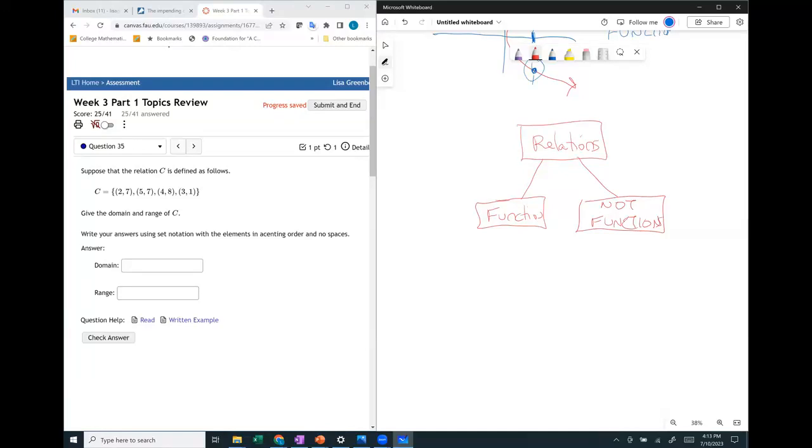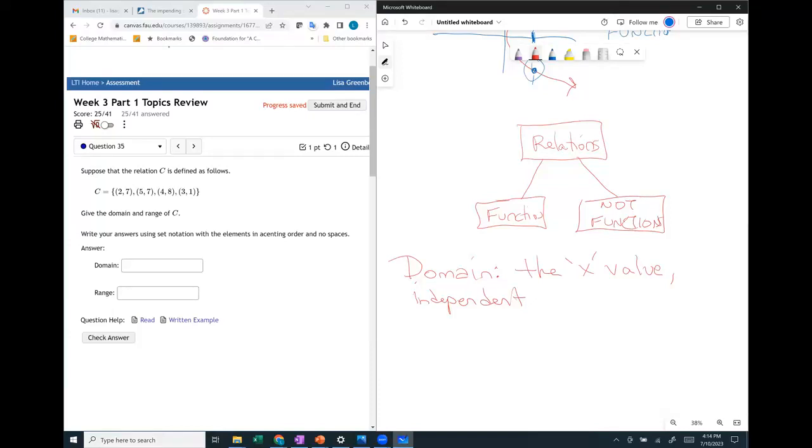So suppose we have a relation defined as follows. The domain means the x values, also called independent variables. They're called independent variables because usually if I have y equals some expression in x, I put x in and it's independent. Once I calculate that and find what y equals, it depends on what x equals.